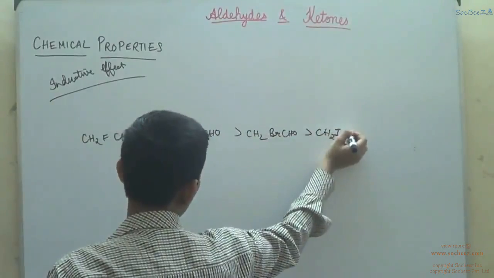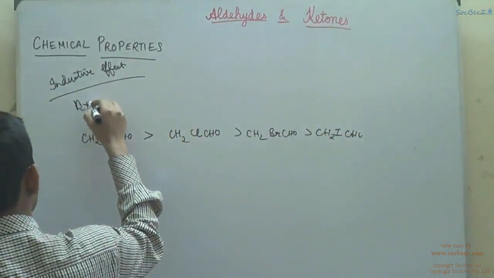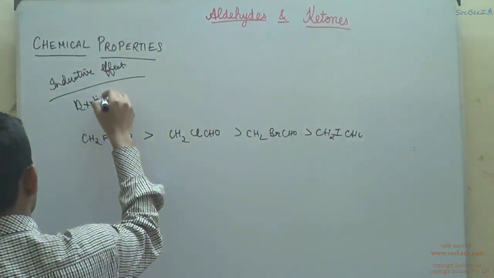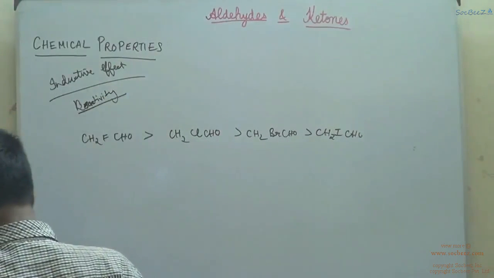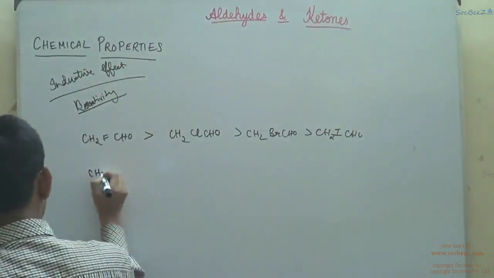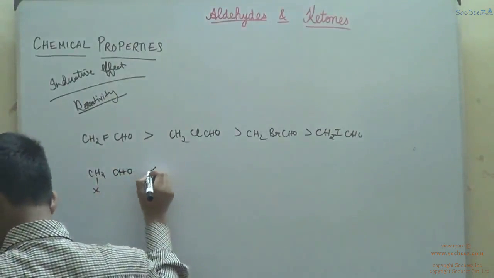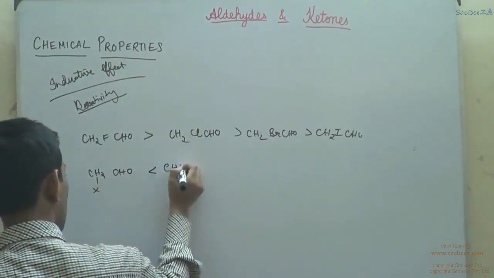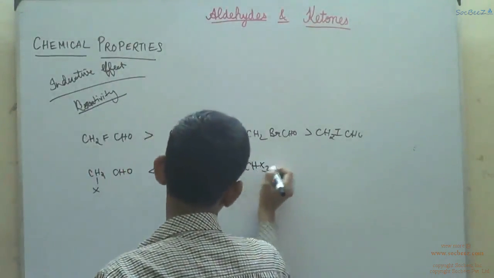This is what I am talking about, reactivity. Similarly, CH2X CHO is less than CHX2 CHO, which is less than CX3 CHO.